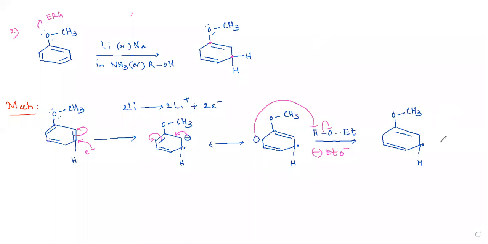Now again, another electron comes into the picture. This will now become a negative charge, a pair of electrons.